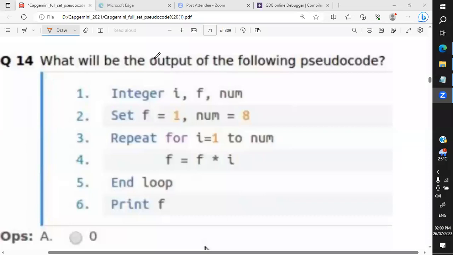Is it so? Wrong statement in 4 line. Line number 4. Is it so? F is equal to F into I we are writing. What will happen? We have to figure out. That's it.